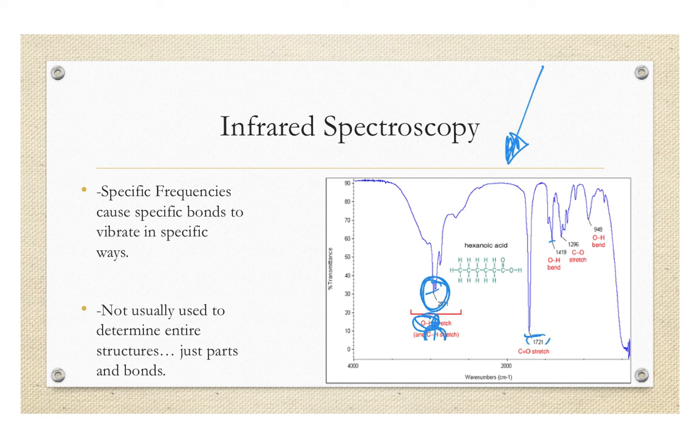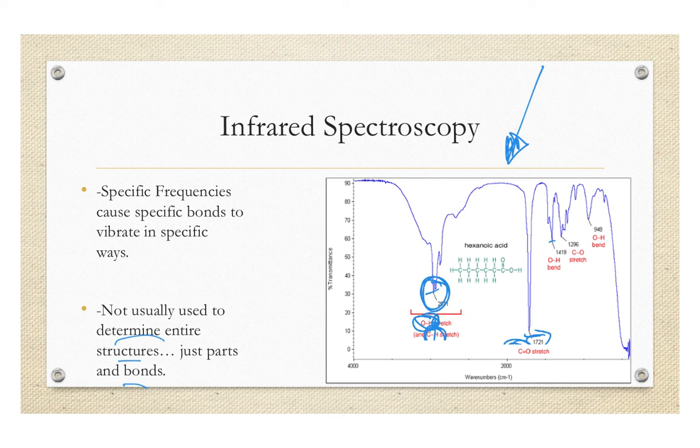A peak at 1721 is caused by a carbon-oxygen double bond stretching. So we don't usually use this to determine entire structures, just parts and bonds that are inside it.